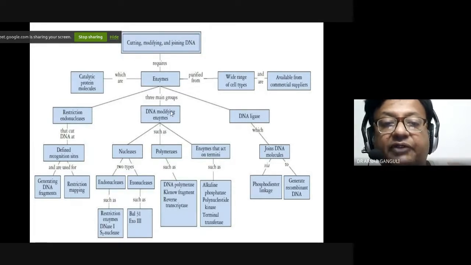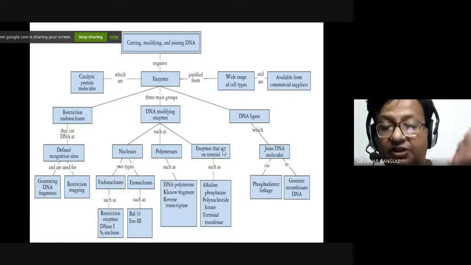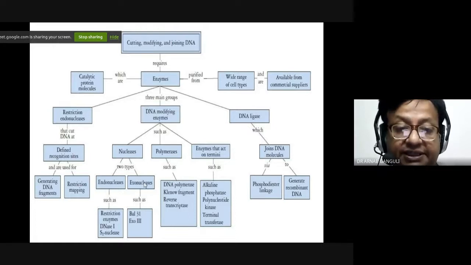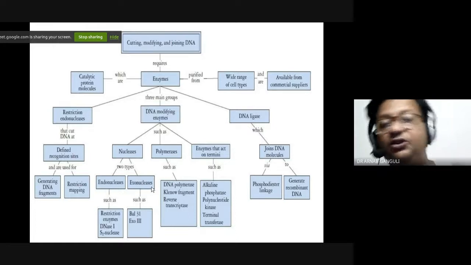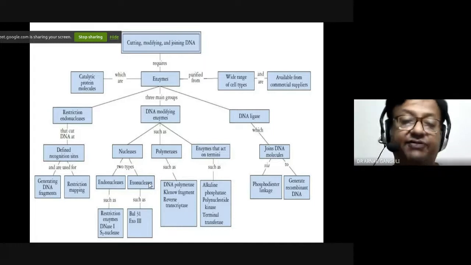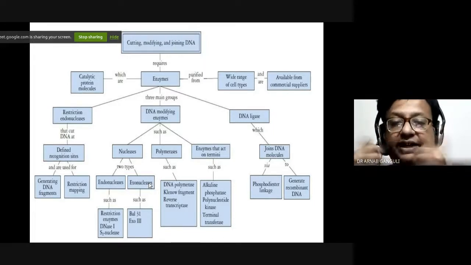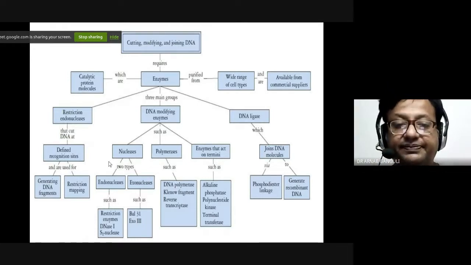Among DNA modifying enzymes, you have nucleases, polymerases, and enzymes that act on termini, the 5 prime or 3 prime ends. Nucleases are of two types, endonucleases and exonucleases. Endonucleases cut DNA from inside, and exonucleases from outside.